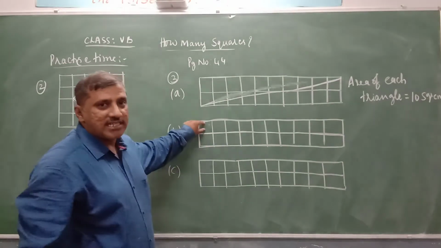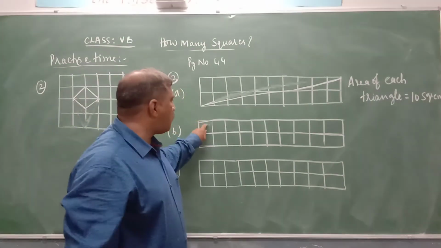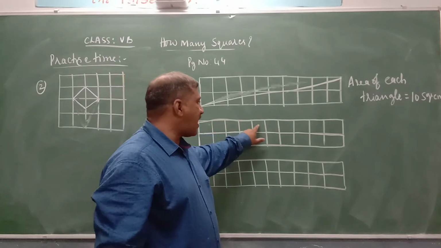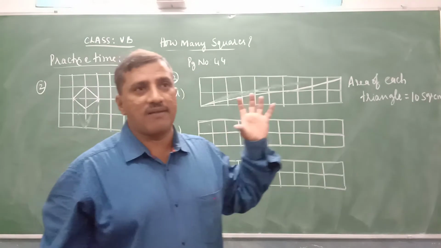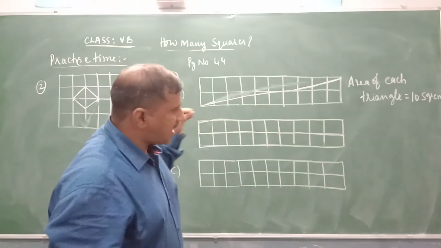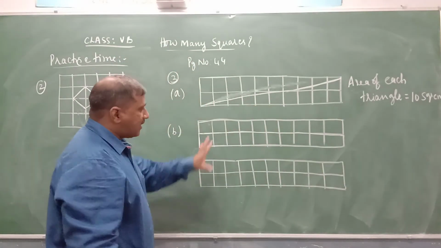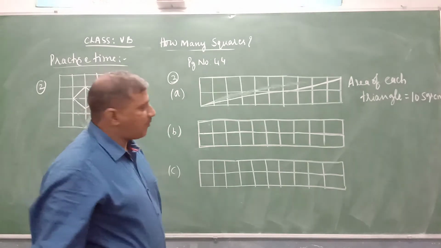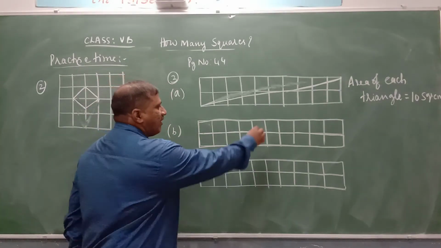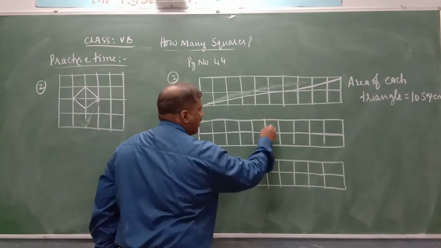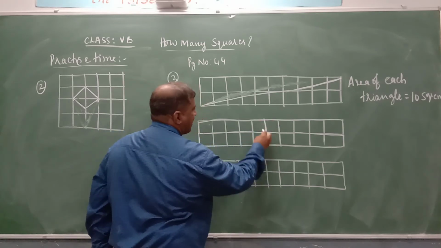Its area is 10 square centimeters. You can count 1, 2, 3, 4, 5, 6, 7, 8, 9, 10. 10 squares are completely filled. Therefore, its area is 10 square centimeters. This is one way, drawing horizontally. Or by drawing vertically also we will find its area. Now this is by drawing a vertical line here.